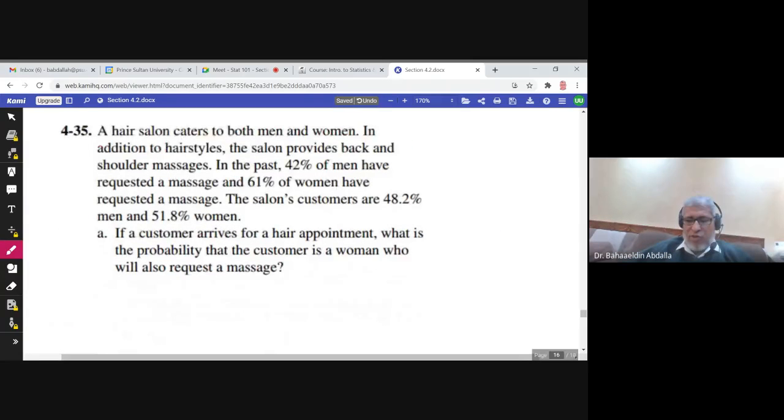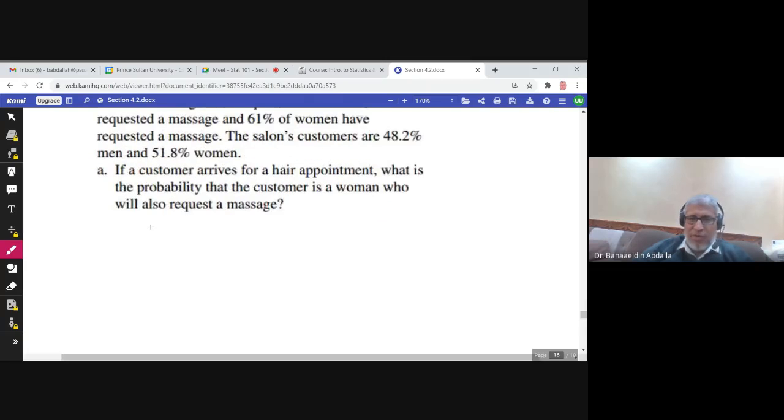Let us solve another question about Bayes theorem. A hair salon caters to both men and women. In addition to hairstyles, the salon provides back and shoulder massages. In the past, 42% of men have requested massage and 61% of women have requested a massage. The salon's customers are 48.2% men and 51.8% women.